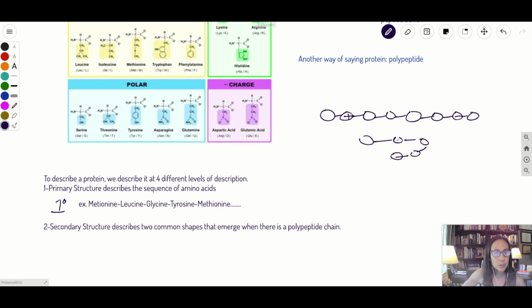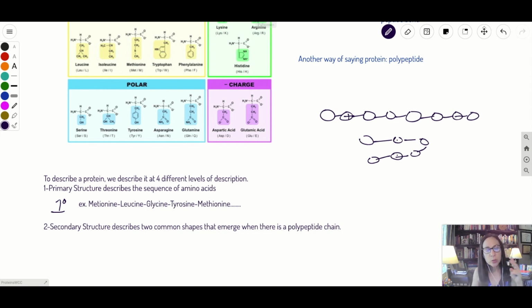See? So let's say this is the positive one and this is the negative one. Those 2 are attracted to each other, so it bends. And because of all these properties that the amino acids have, polar, nonpolar, positive, negative, when you have this long string of amino acids, it just folds up into a shape automatically.